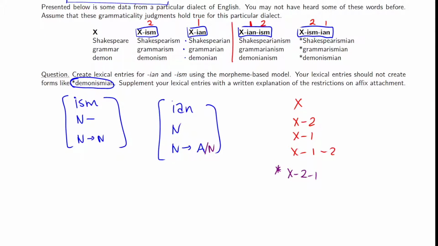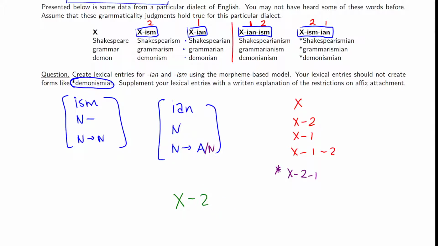So if we just think of a numerical restriction for this, it's not too bad. Basically, whenever we add suffixes, we always have to add a higher number. So the reason we can't do x2, 1 is because 2 is higher than 1. So that's why that's not good.